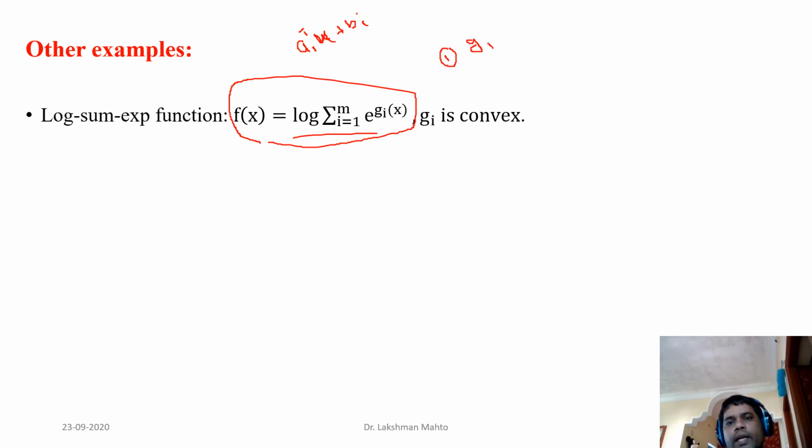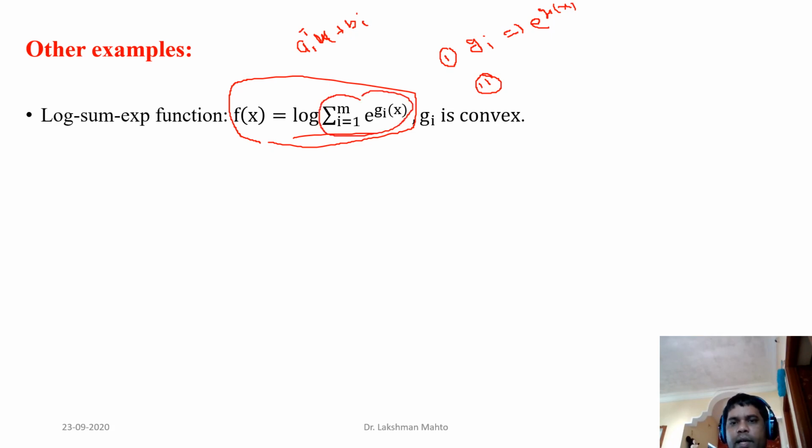Similarly, you can establish this concept. Step one: you know that g_i is already given, it is convex. So it implies that if you take the exponential of any convex function, that would definitely be a convex function. e to the power g(x) would be a convex function.